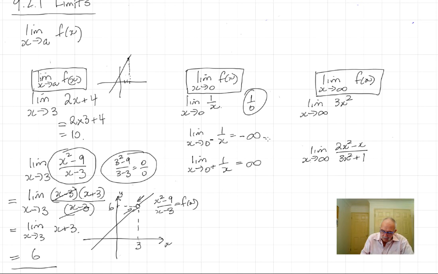Now, because we approach different values on either side, here we're approaching negative infinity, here we're approaching positive infinity, therefore no limit at x equals 0. So the limit as x approaches 0 of 1 on x does not exist.